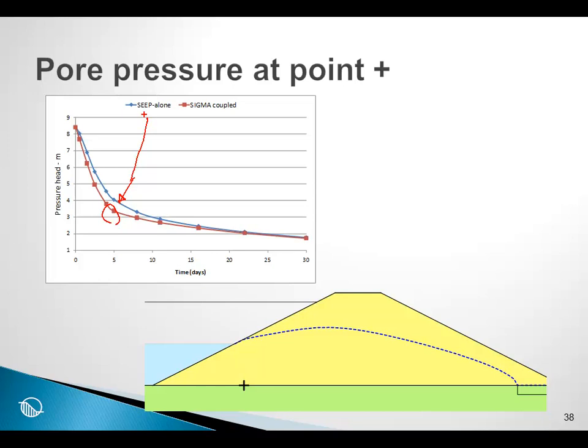SEEP alone does not consider a change in total stress. Now, in a coupled analysis, we are looking at a change in total stress as well as a change in pore pressure. However, in the long term, you can see that the pore pressures are identical.